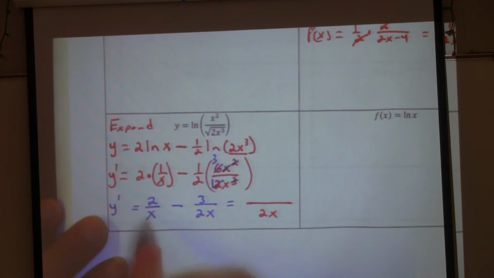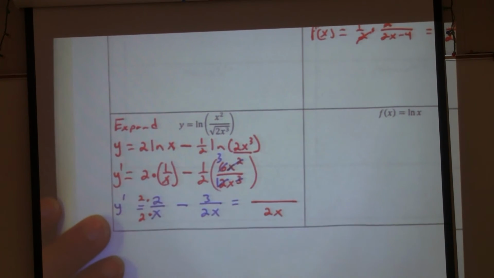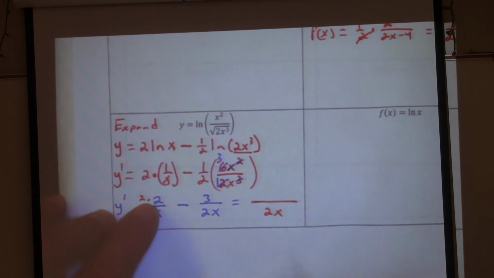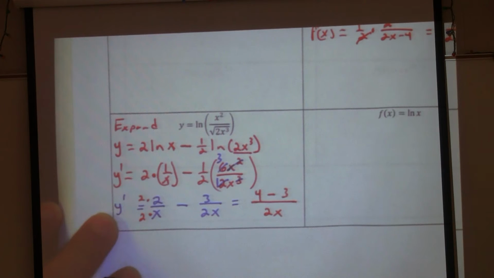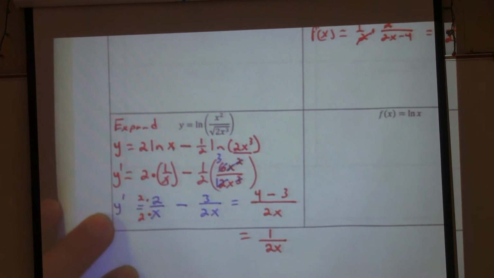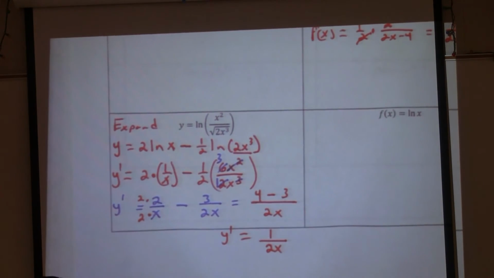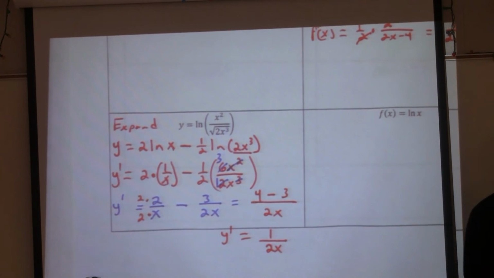I can make this guy a 2x really quick by just multiplying by 2, right? So what's 2 times 2? 4 minus 3. What's 4 minus 3? 1. So it becomes 1 over 2x, and that's my derivative. Easy? Yeah, it became a lot easier to do when I rewrote the problem, when I expanded. So make sure you know how to do that.